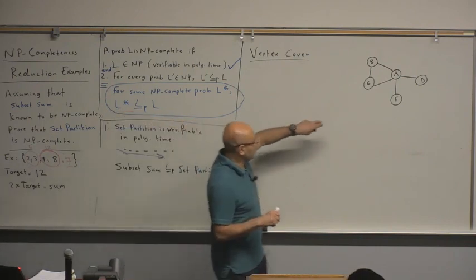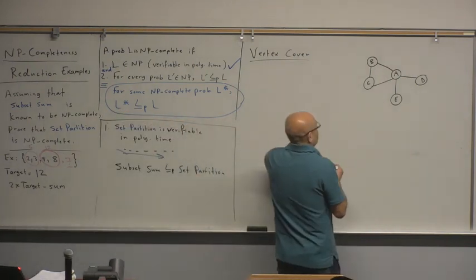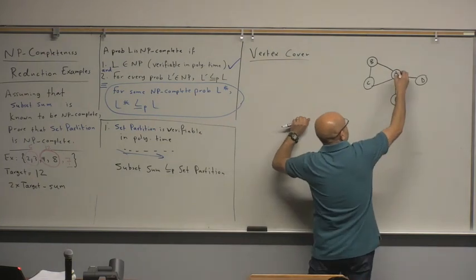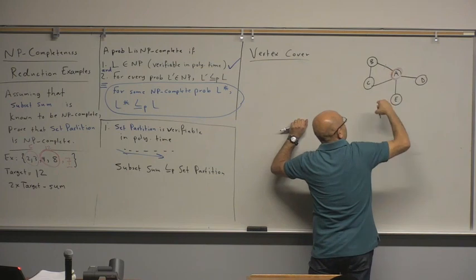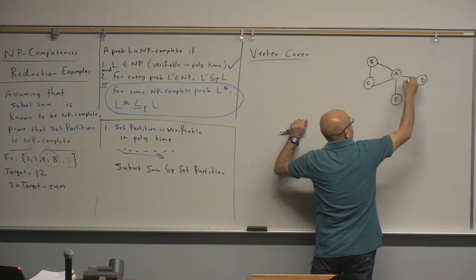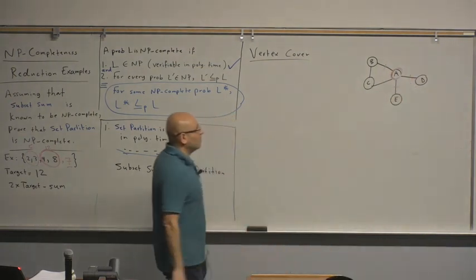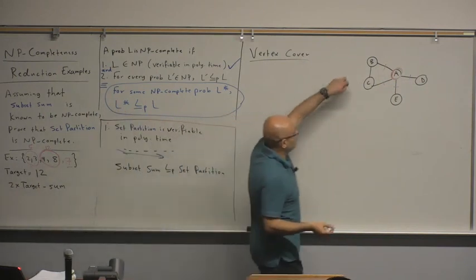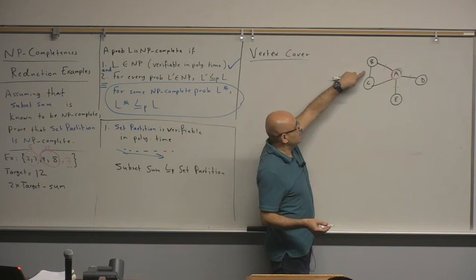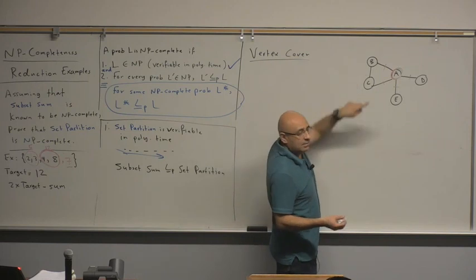So here clearly, A, because it has many edges, so if we use A, we cover this edge, this edge, this edge, and this edge. So if we use A, we will cover 4 edges, but we will still have one more edge to cover. So we can cover it using C or B.